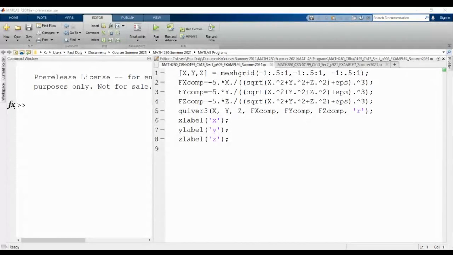Okay, so I think it'll be helpful if I show how I came up with this code. I'm going to go to the ebook.